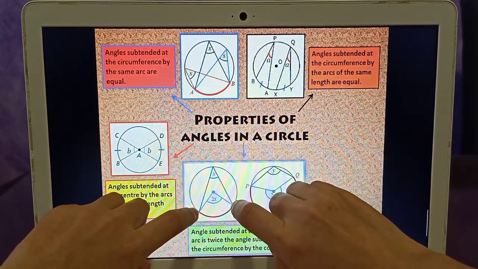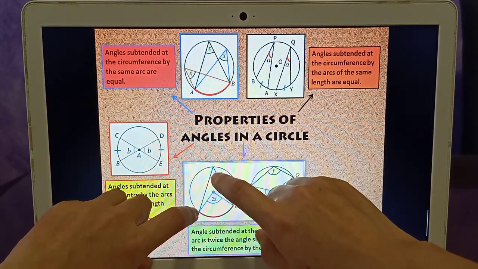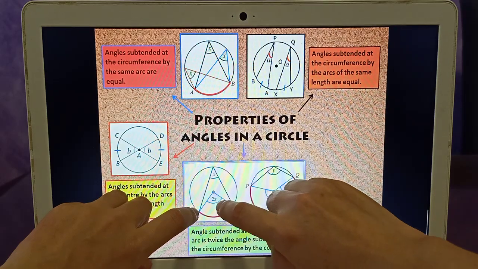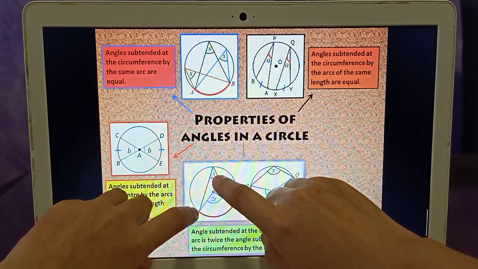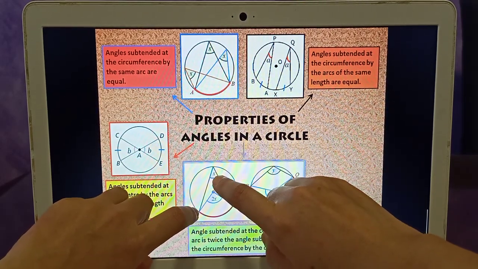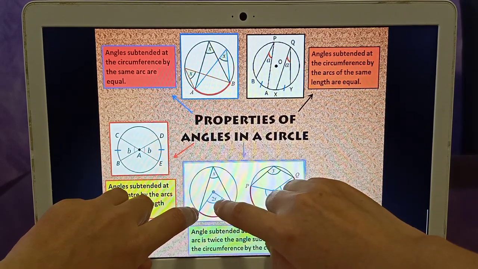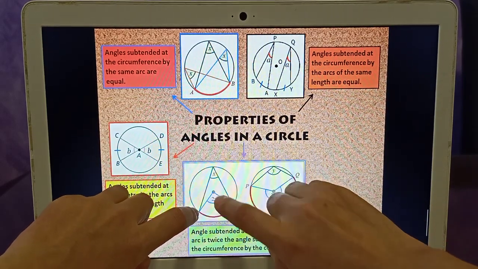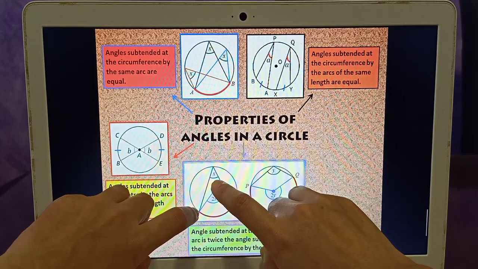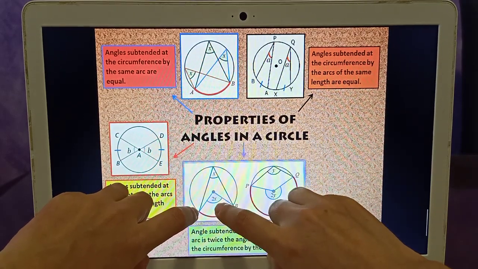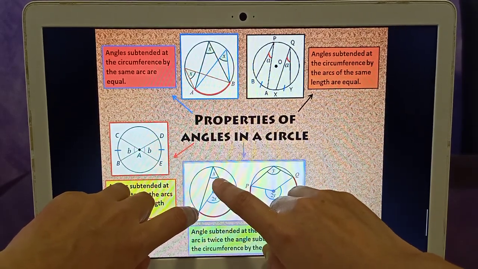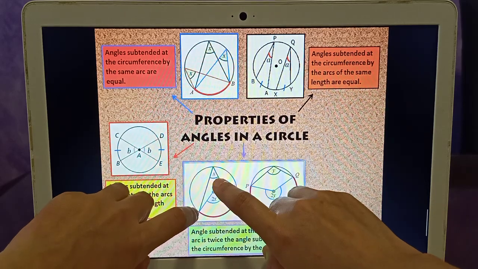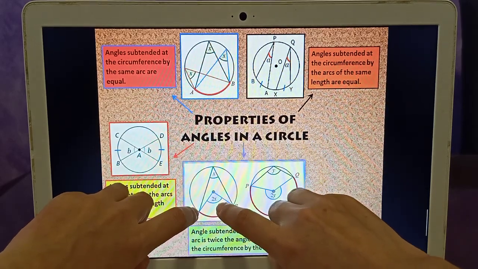There is a relationship between the angles, whereby the angle at the center is always twice the angle at the circumference. So if this is 2x, this one will be x. If this is 100, this one will be 50. If this is 200, this one will be 100. If this one is 200, this one will be 400.